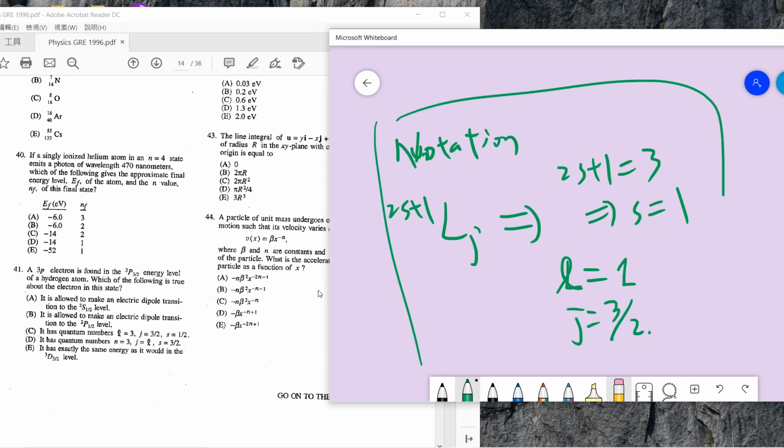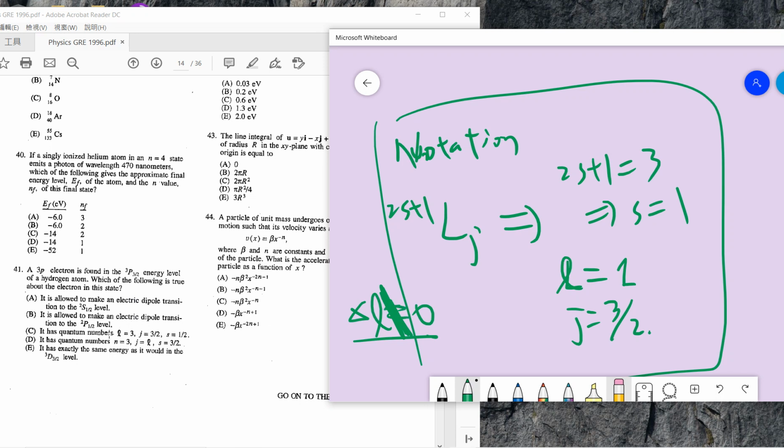A says the electron is allowed to make an electric dipole transition to 2s. Now you see the delta L is the difference: you go from L equals 1 to L equals 0. So this is allowed. B says it is allowed to make an electric dipole transition to a P at the same level, which is false, because the selection rule tells you that delta L cannot be zero.